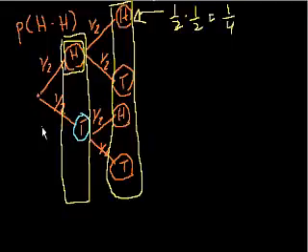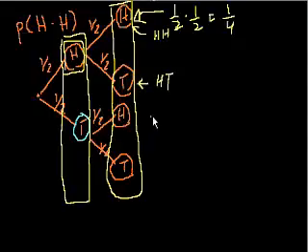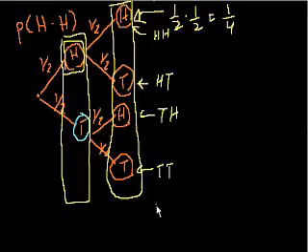Another way of thinking about it is each of these scenarios. This is the scenario heads heads, because you got a heads and then a heads. This is the scenario heads tails. This is the scenario tails heads, you got a tail, then you get a head. And this is the scenario tails tails. All of these are equally probable scenarios. There's no reason why one is more likely than the other.